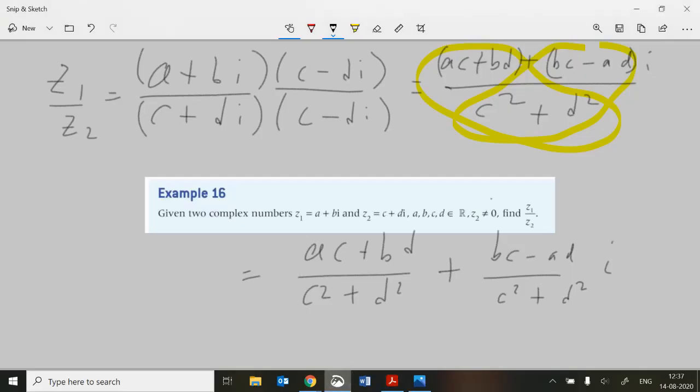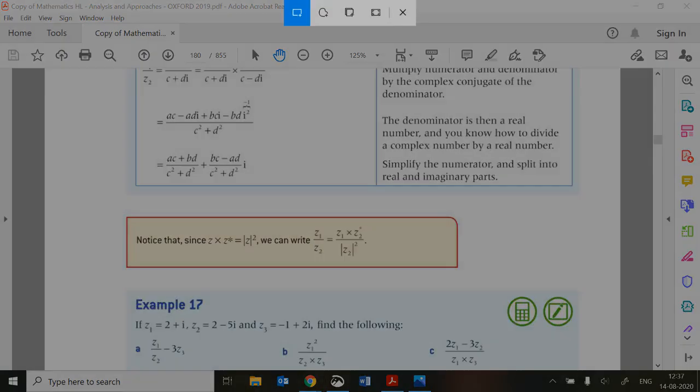There's the definition here. They're saying, when you're doing your division, z1 divided by z2, it's the same as timesing z1 by the conjugate of the thing on the bottom, and then having the modulus of z2 squared on the bottom there as well.